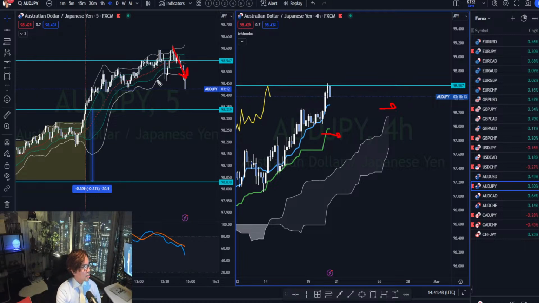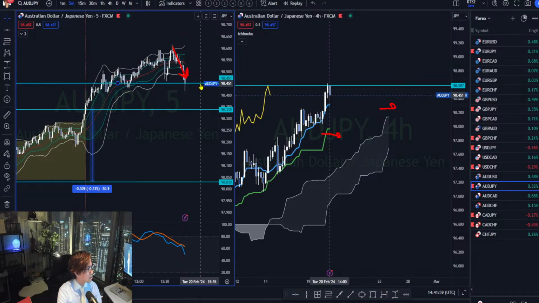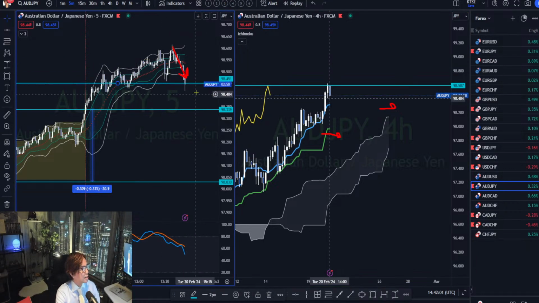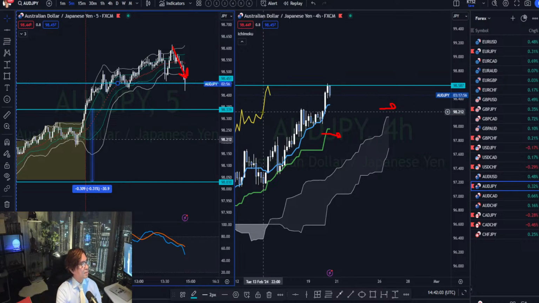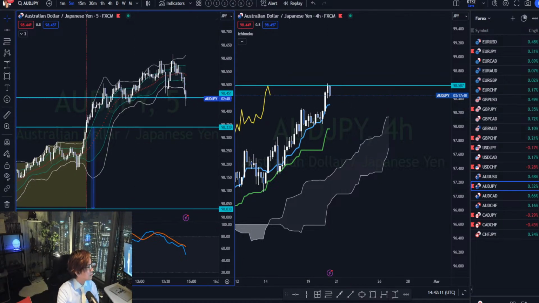Before this talk, before this live stream started, I had already moved two stop losses to here, actually to here, below this pin bar, 98.45. So now my position has already taken profit there.